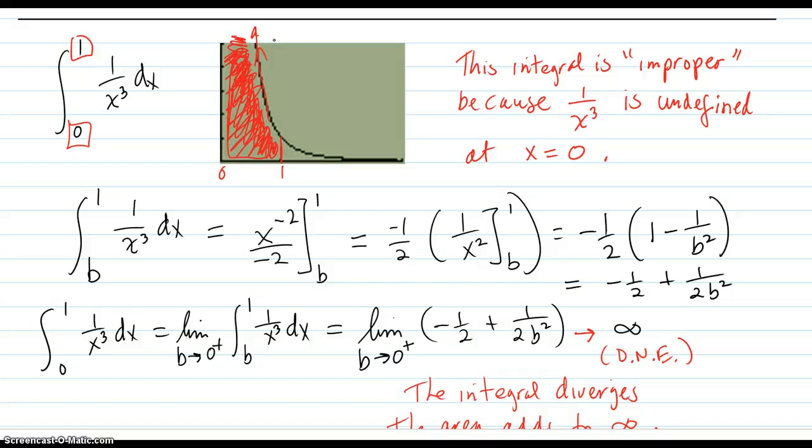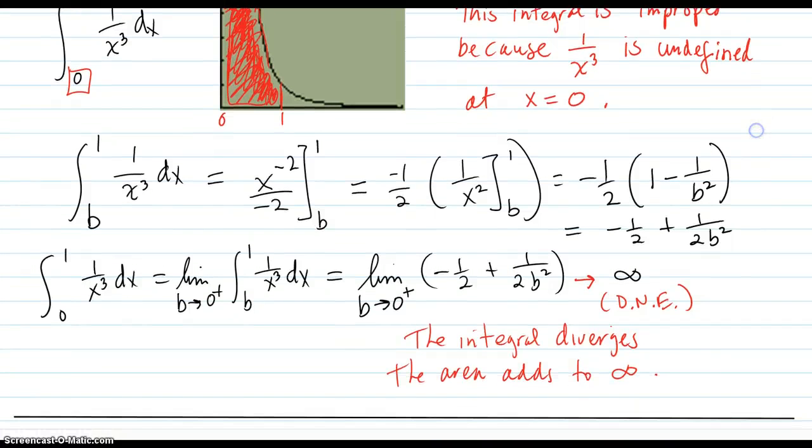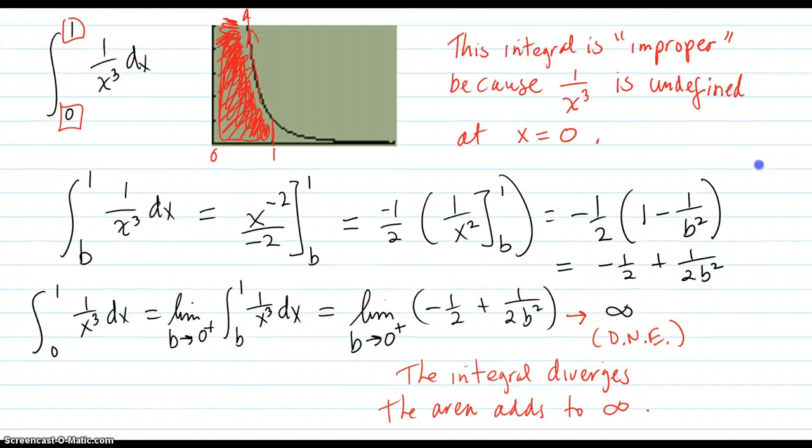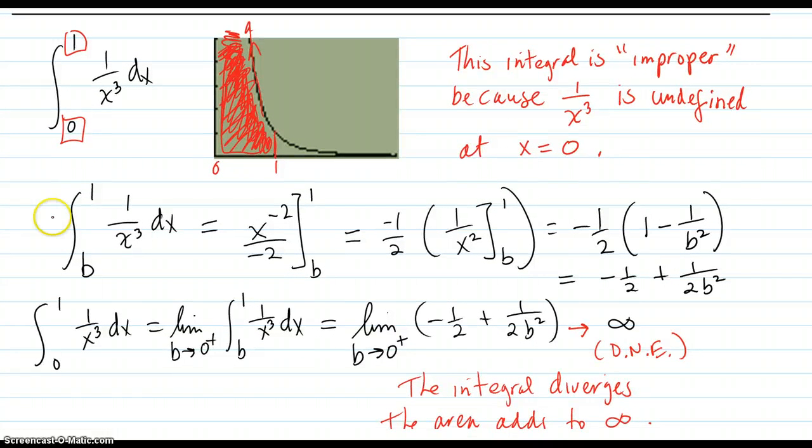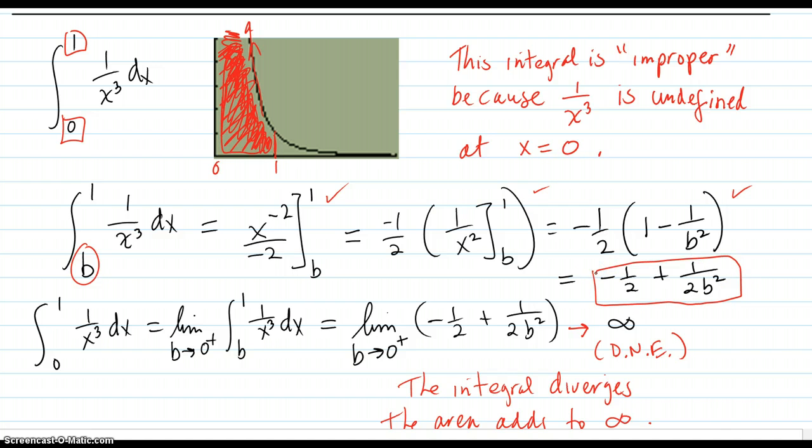Because it keeps going, the function keeps rising. Okay, so do our usual trick. The trouble is over here where it's 0, so we put the b there. The integral is this. Evaluating it out gets this, simplifying down to here. So now our original integral is the limit as b goes to 0 from the plus side.